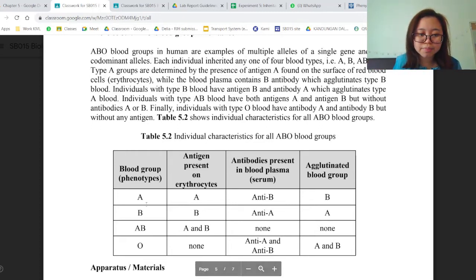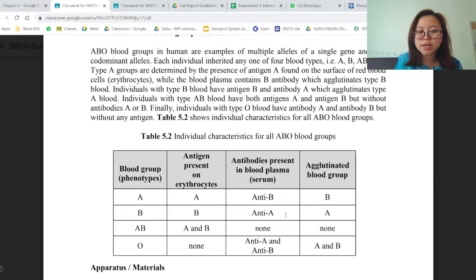Okay. Yep. So if you have blood group A, you will have antigen A on your red blood cell. Blood group A, if it comes into contact with anti-B antibodies, your blood will agglutinate. Table ini cerita kalau darah A, dia terjumpa dengan antibody anti-B, dia akan tergumpal.